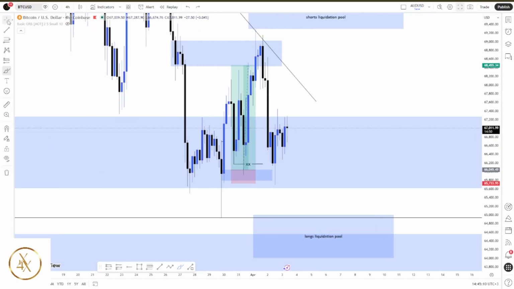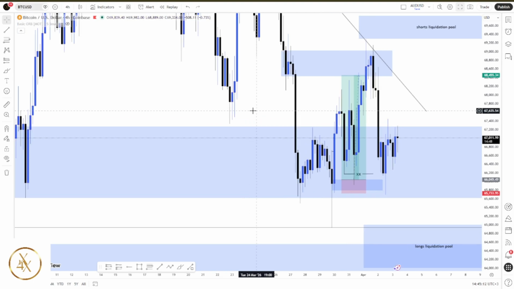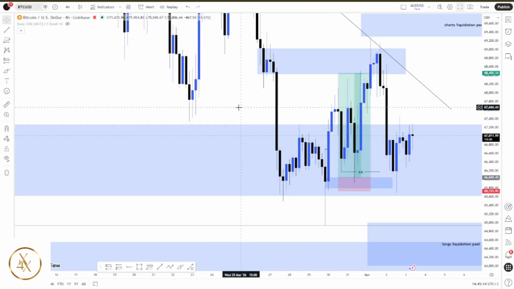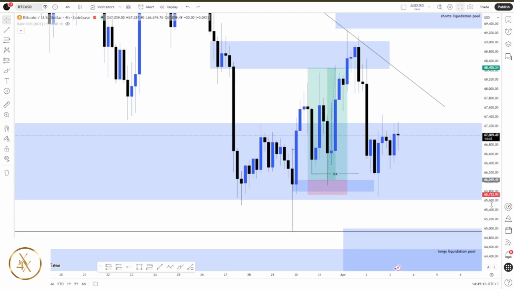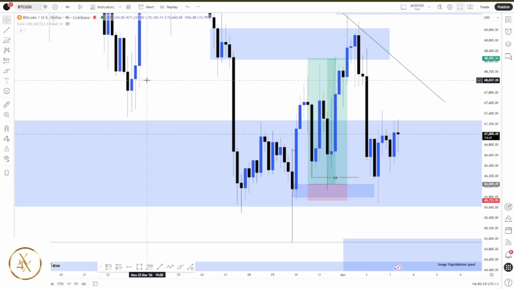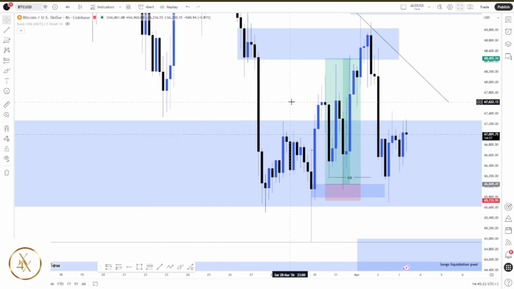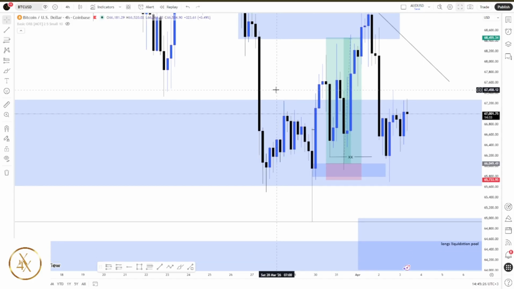I marked out, on this particular one, three scenarios. I used the candle range theory, then I used a major structure shift and a break of structure to the upside. On the 4-hour, I marked the high of the candle, the previous candle that was swept.